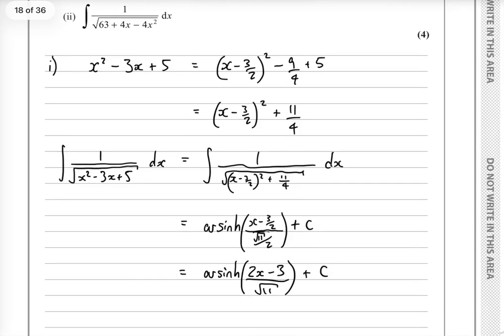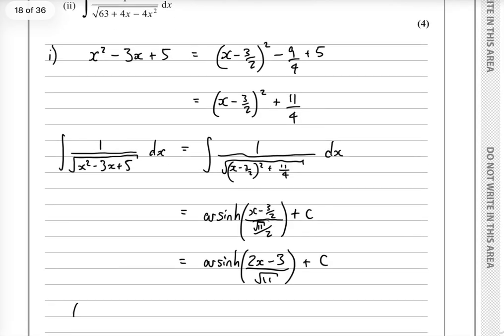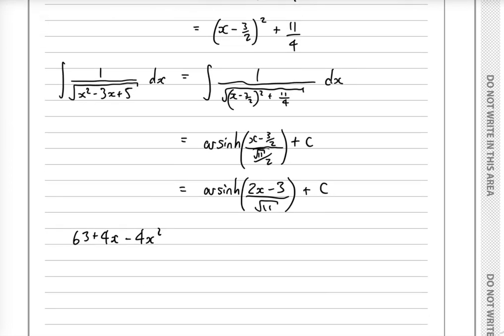Part 2, 63 plus 4x minus 4x squared. This is the thing we're going to now try to complete the square on. For me, what I would do here is take out the negative to give this.